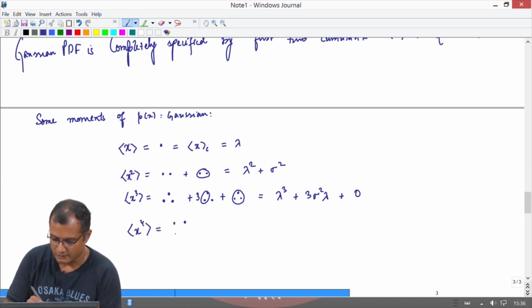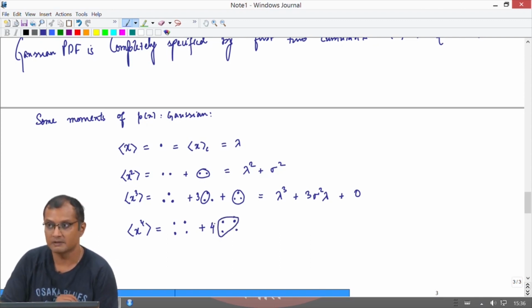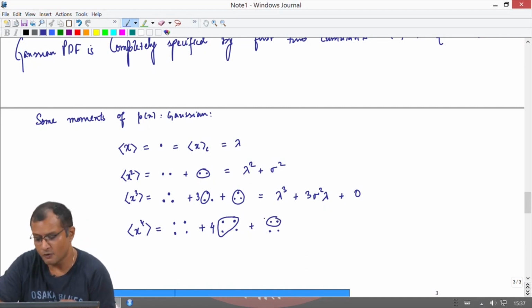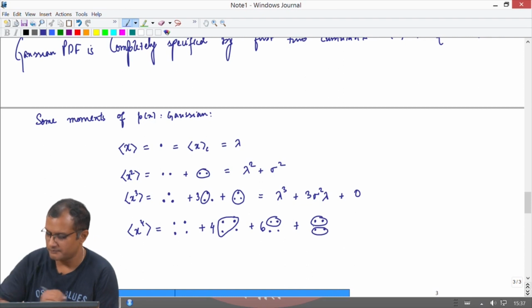Similarly, you can compute the fourth as 4 dots, all of them open, plus connect 3 of them. Now, there are 4 ways of doing it, plus connect 2 of them and leave the other 2 open. There are 4C2 ways of doing it, which is 6, plus connect 2 of them and the other 2 of them.